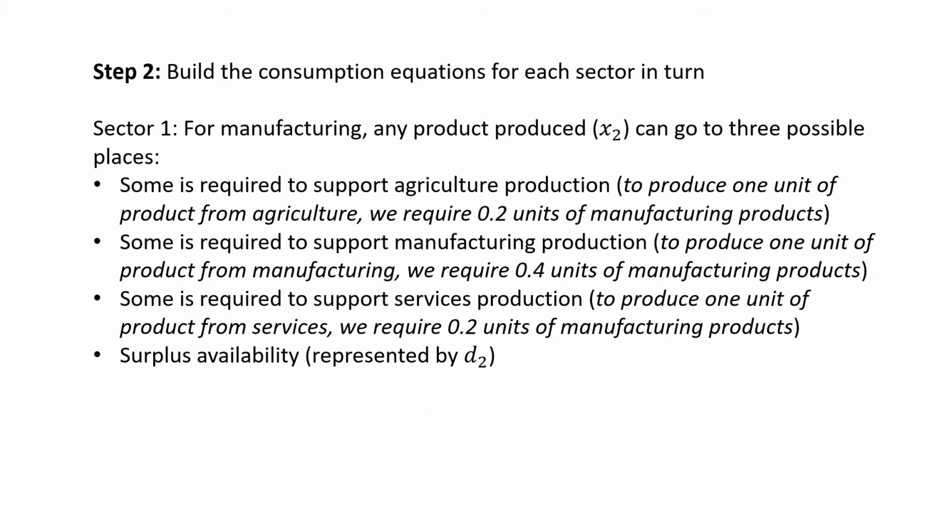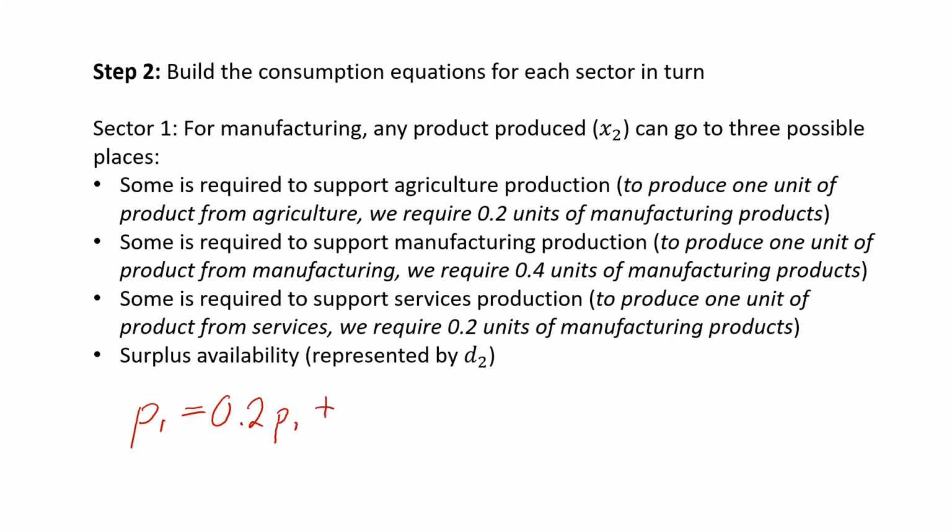For manufacturing, the total amount of product produced, P2, where does it go? Some of it goes to agriculture. Every unit of agriculture requires 0.2 units of manufacturing.